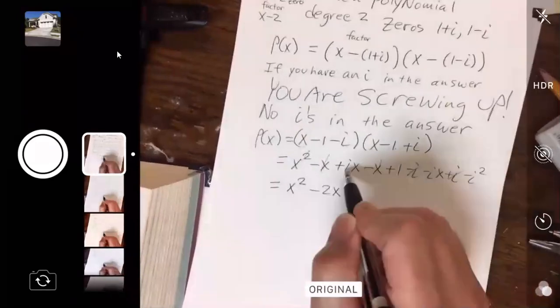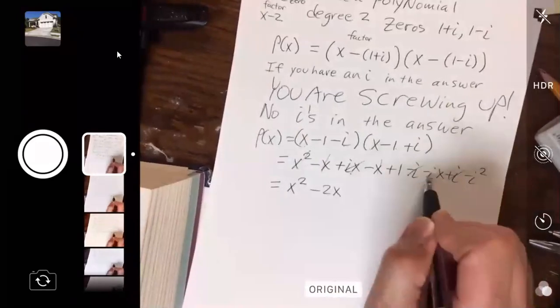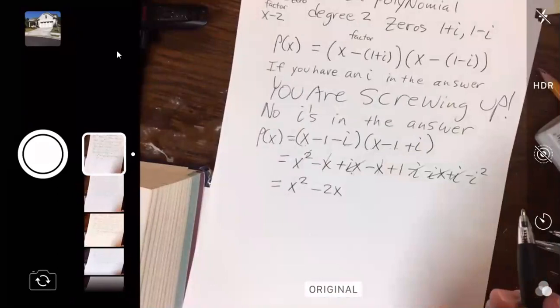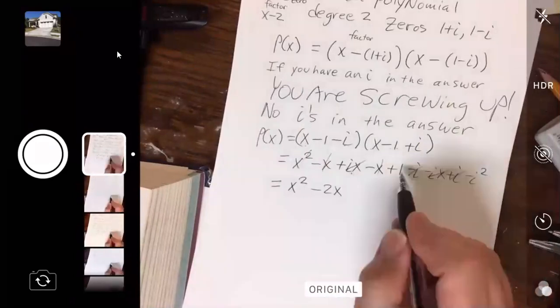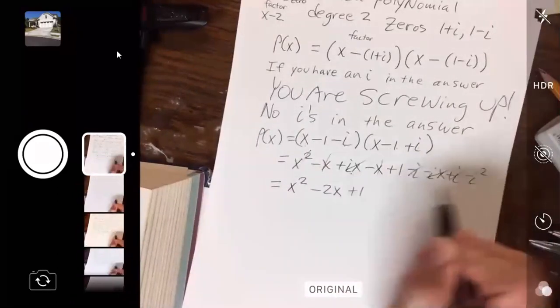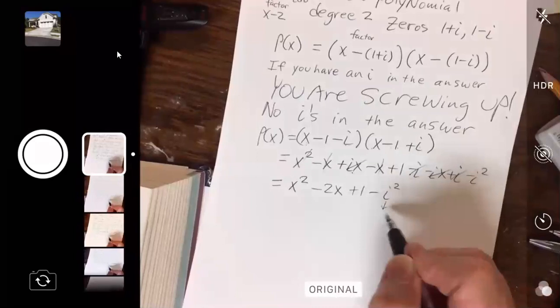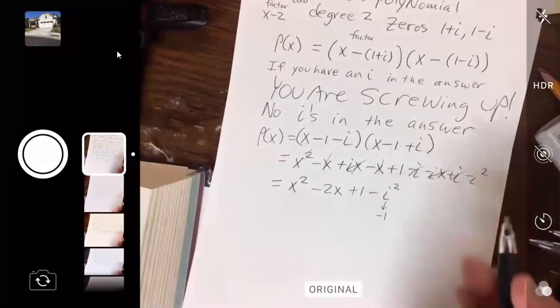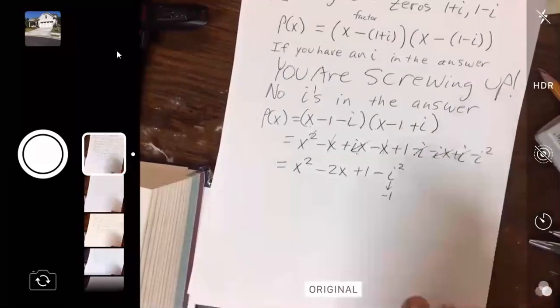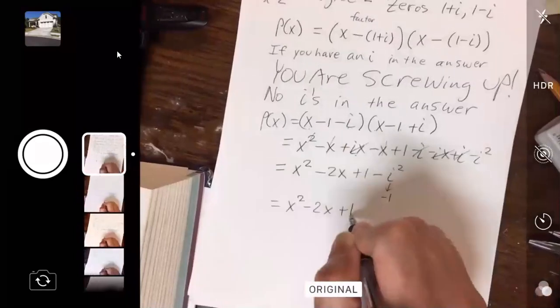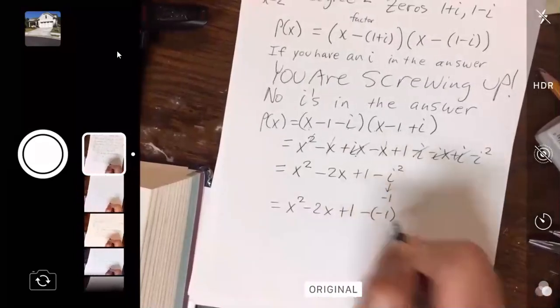Okay, so there's your plus ix minus ix. Now I have a plus 1 and a negative i squared. i squared is equal to negative 1. So I have x squared minus 2x plus 1 minus a negative 1.